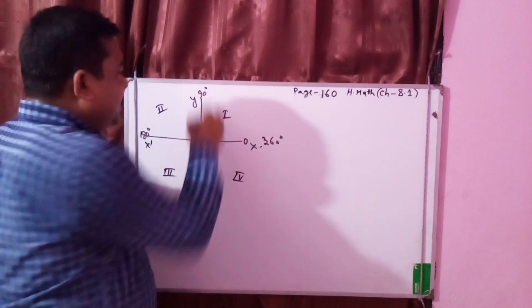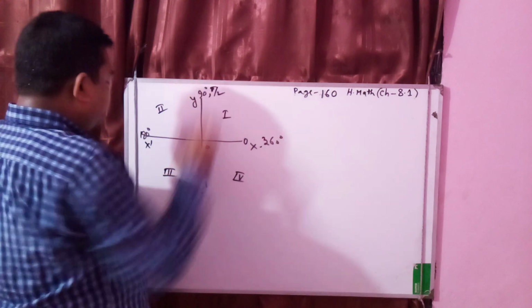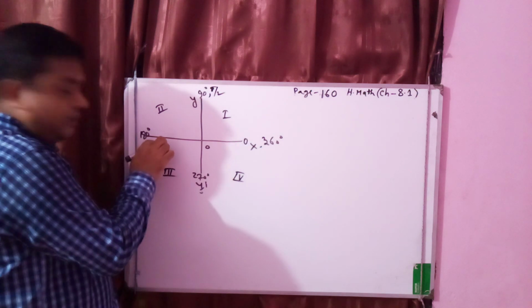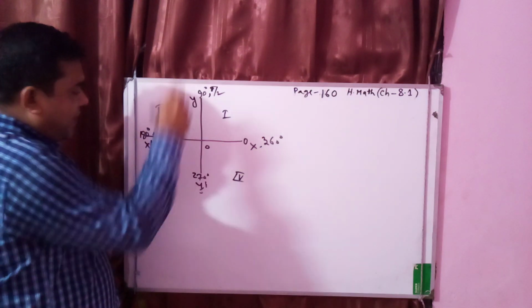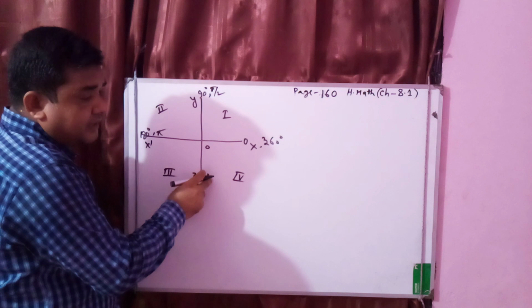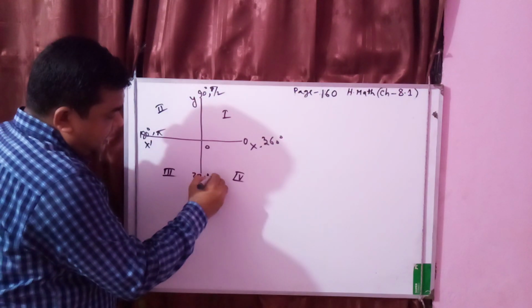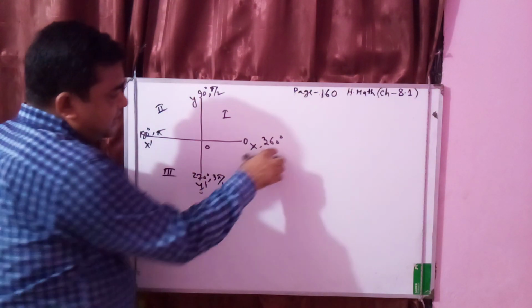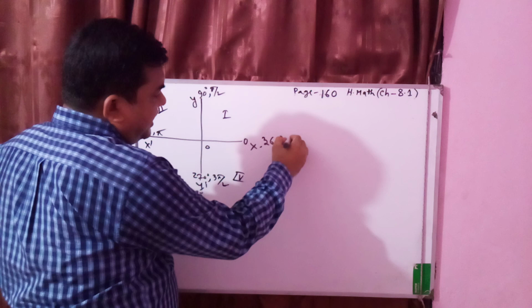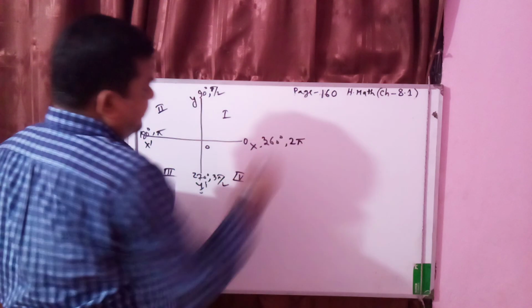Again we write 90 degree, that means pi by 2, 180 degree, that means pi, 270 degree, that means 3 pi by 2, and 360 degree, so you can write 2 pi.